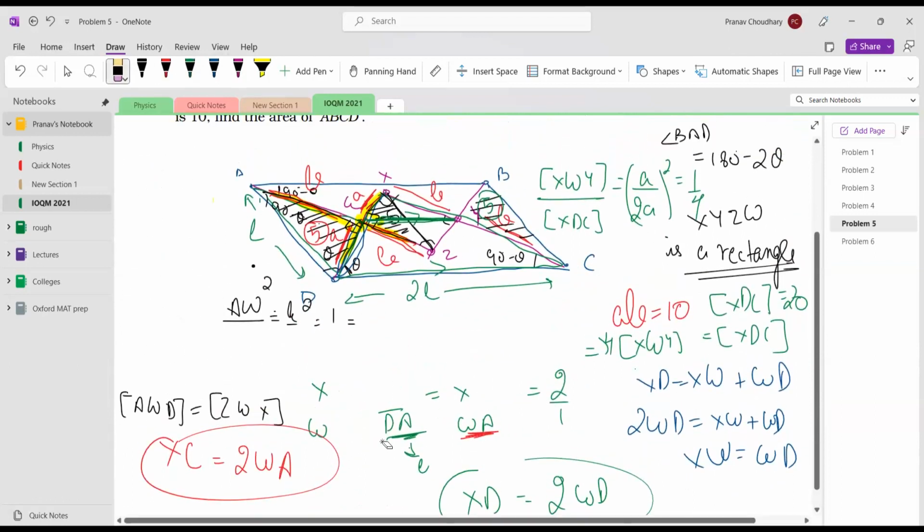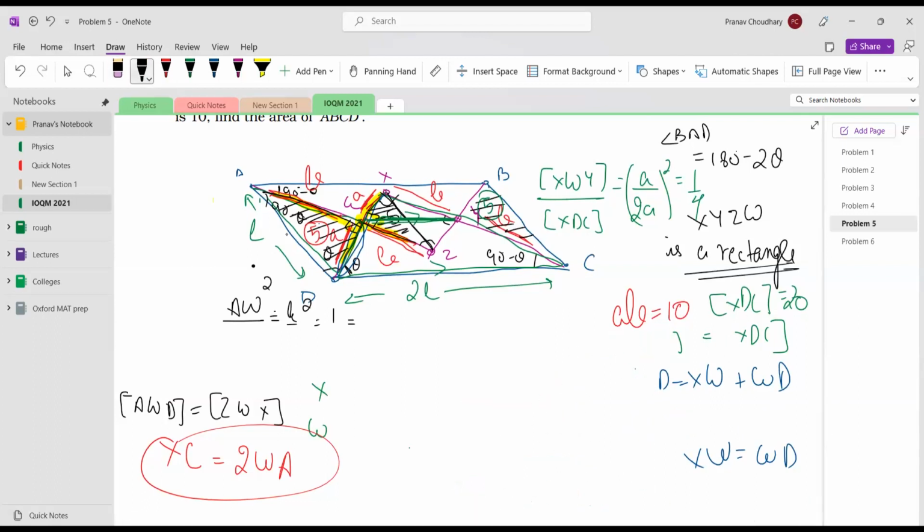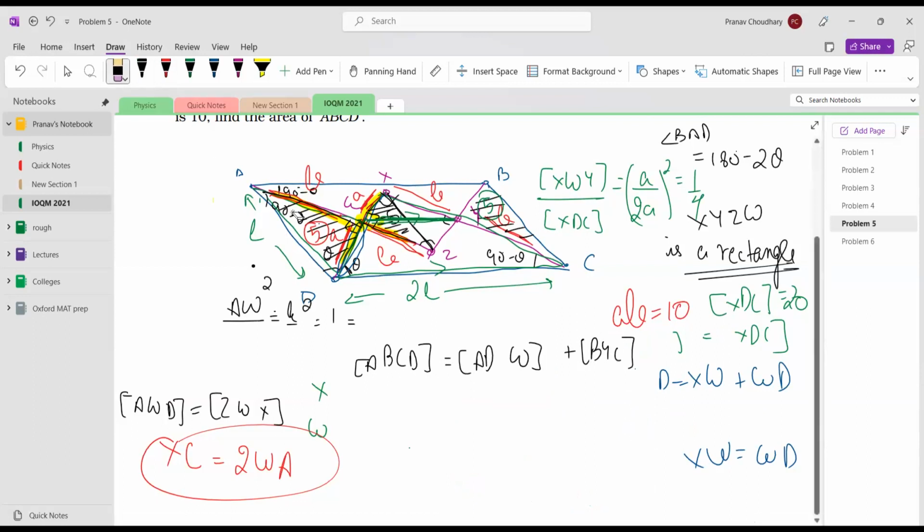So you see ABCD is ADW plus BYC. Okay, let's try to visualize this.